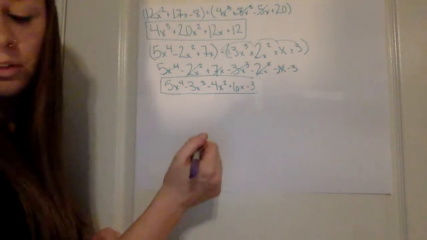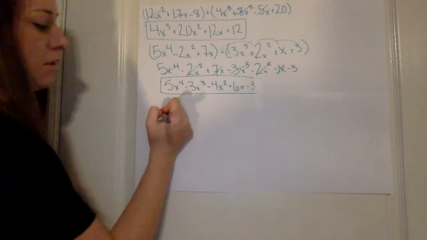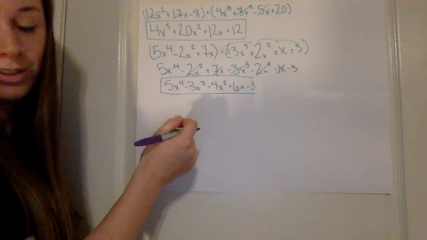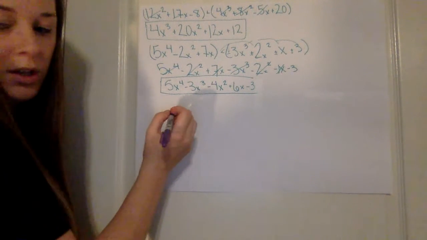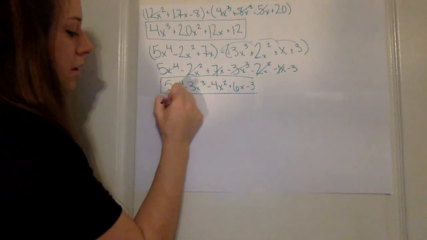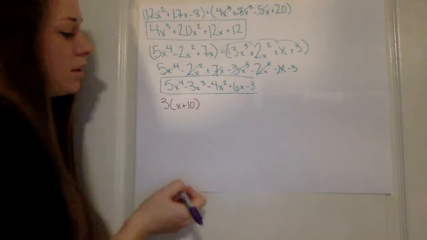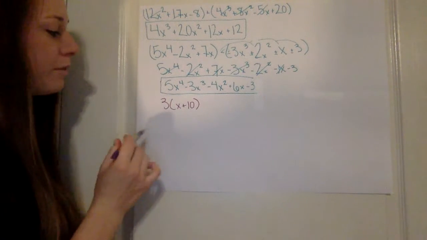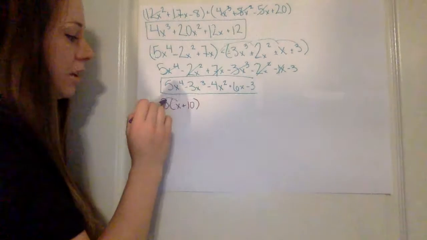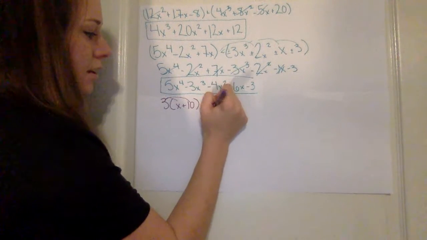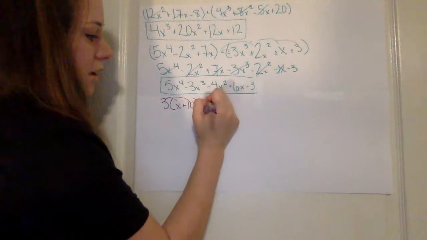So there's a single term times a polynomial. Let's do 3 times x plus 10. So the distributive property, you just distribute that 3 over, which gives you 3x plus 30.